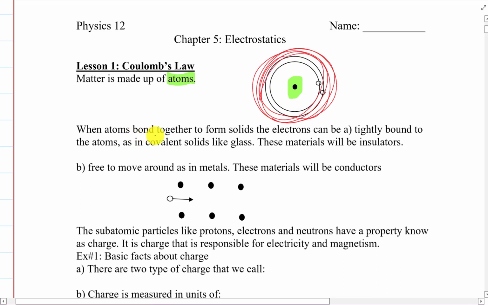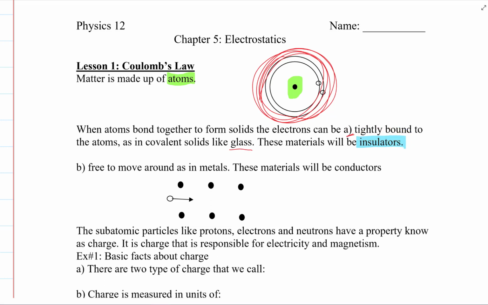And when atoms bond together to form solids, the electrons can be, A, tightly bound together in the atoms, like in covalent solids like glass, and these materials are called insulators.